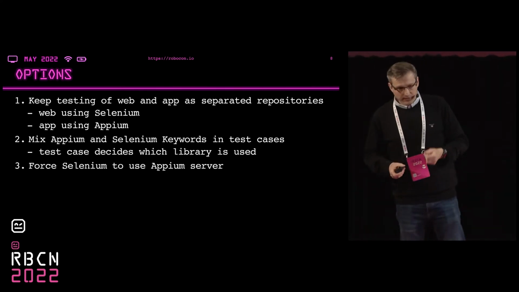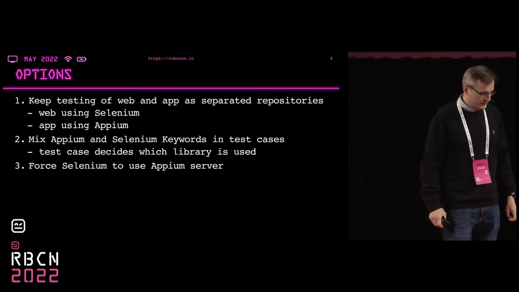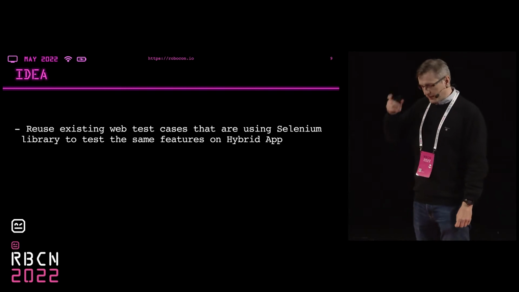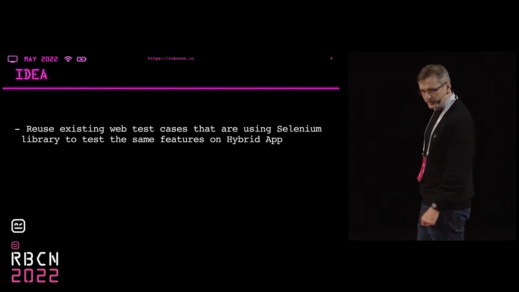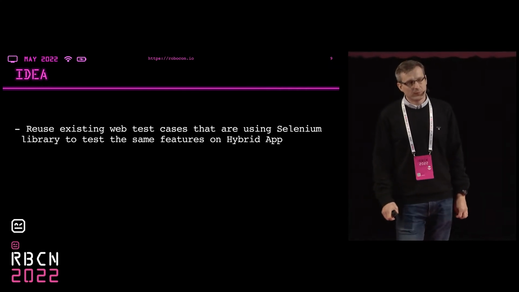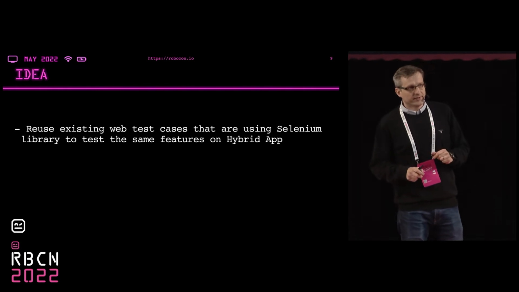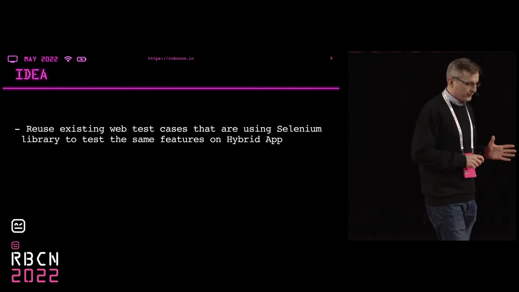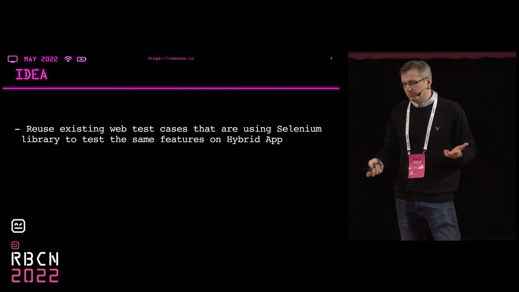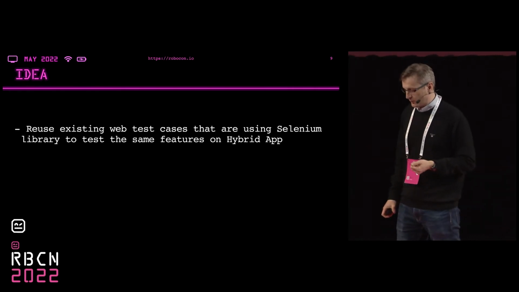So the final approach was to force Selenium to use Appium somehow. The main idea here was that I would be able to reuse existing web test cases to test the same features on the HybridApp. As I said, HybridApp is just a custom browser, so it should understand the Selenium commands.